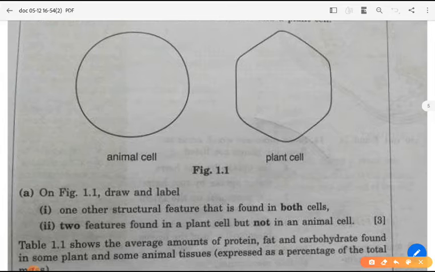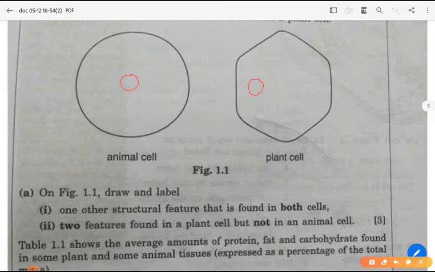Now we have to draw one more structure, one more feature that is common to both. What will we draw? We will draw the nucleus. We know that nucleus is present in the center of an animal cell and nucleus is present at the peripheral side of the plant cell. So we can draw the nucleus in both animal cell as well as in plant cell.